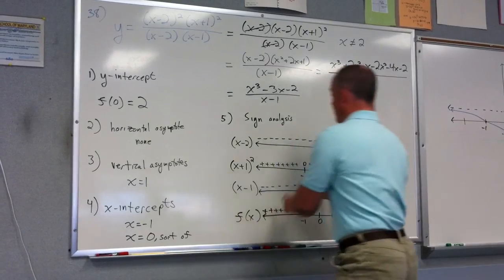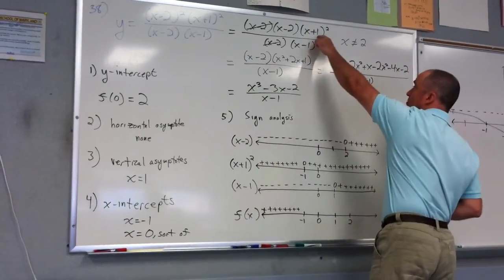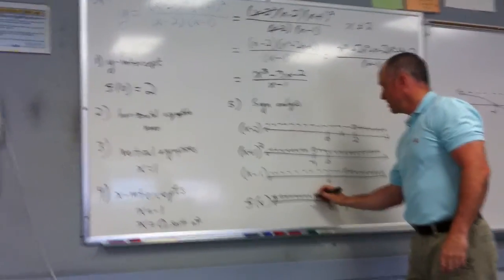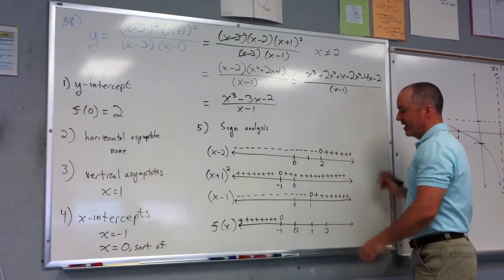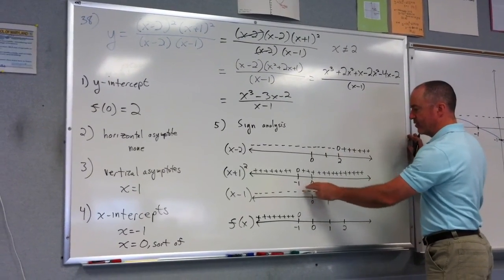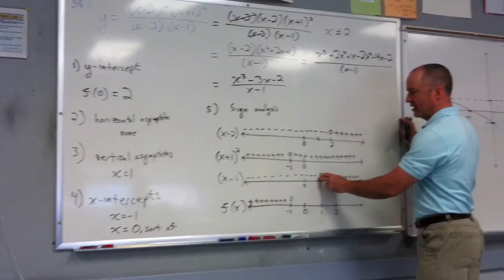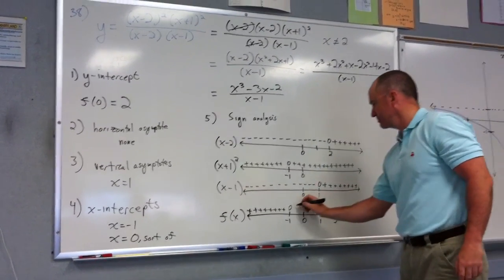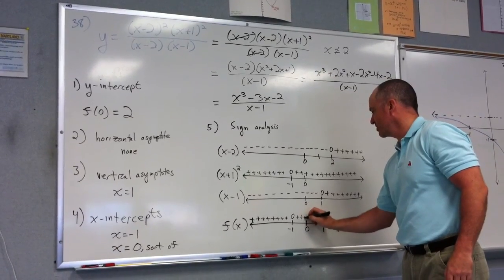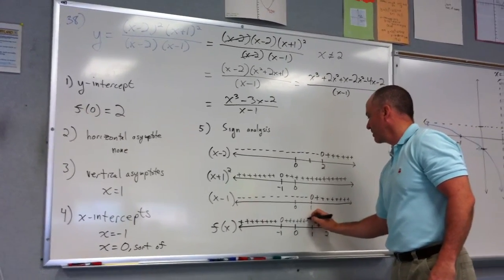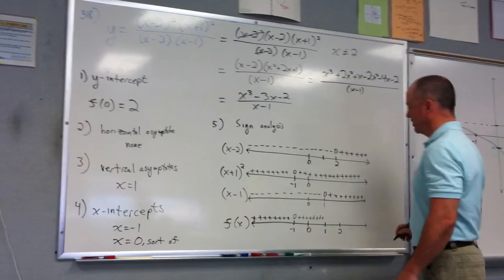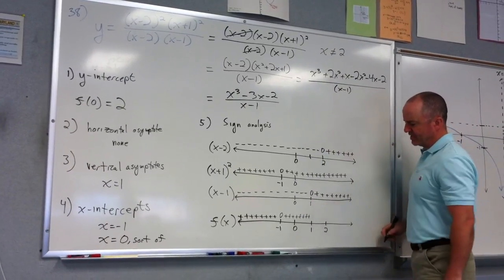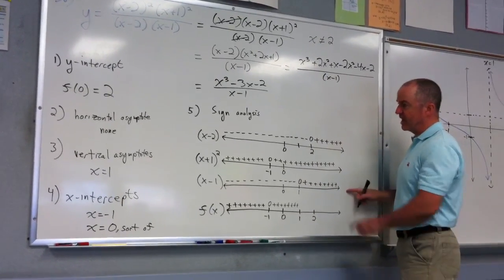Now at -1, I have a 0 in the numerator. That makes it all 0. Okay, now from -1 to +1, I also have 2 negatives and a positive. Now, at positive 1, I have a 0 in my denominator.